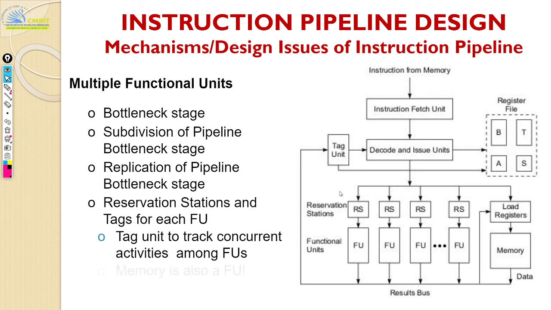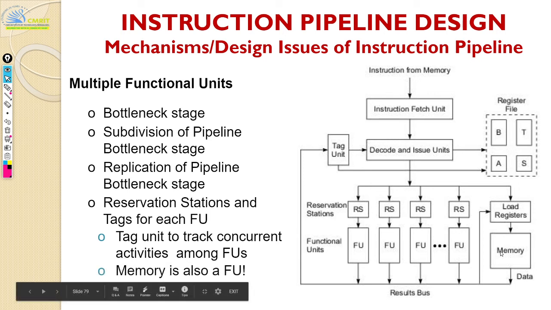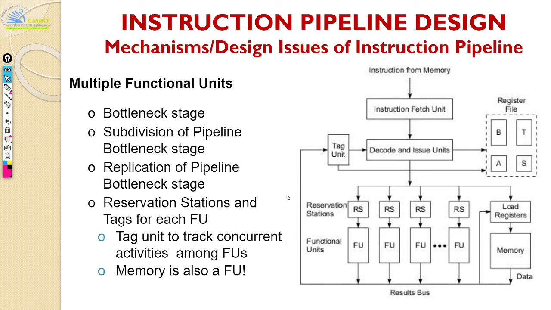Now note that you treat your memory also as a functional unit. Memory will also become a functional unit, and you will have your registers to track your memory. Okay, so this is how you actually overcome the bottleneck of taxing one particular stage.